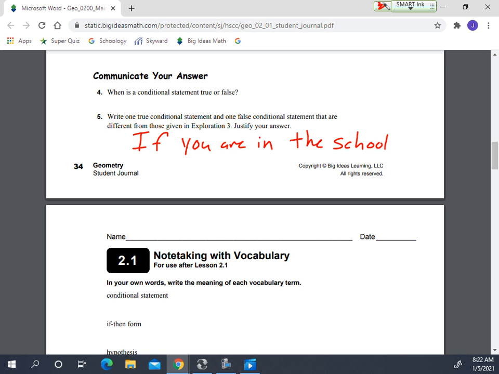Okay, let's pretend that everything is back to normal. You're in school right now. Let's pretend that. If you're in the school, then you are in gym class. Right? Is that always true? No, because you could be in my class, depending on the hour, depending on the grade. So that one is false. Let's move on.